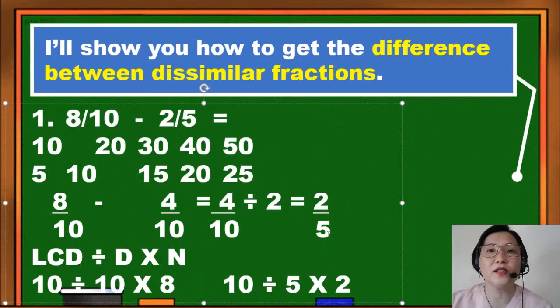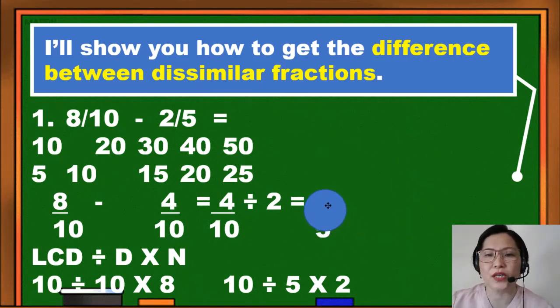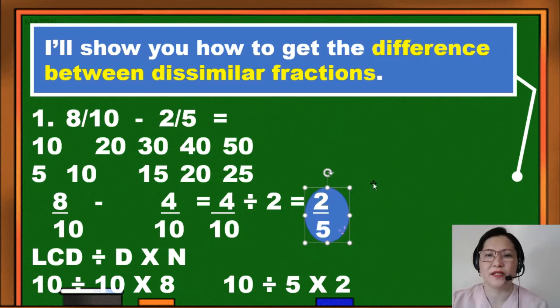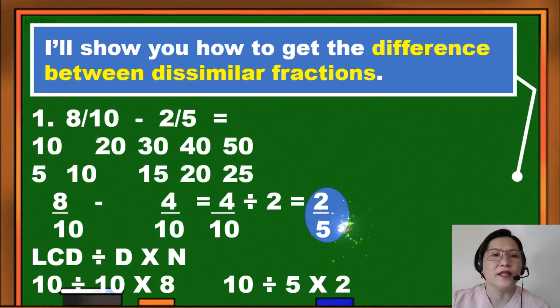Is it final already? Yes, because it is already in its lowest term. So again, we put a circle on it to show that it is the final answer. That's it. 8 tenths minus 2/5 equals 2/5.